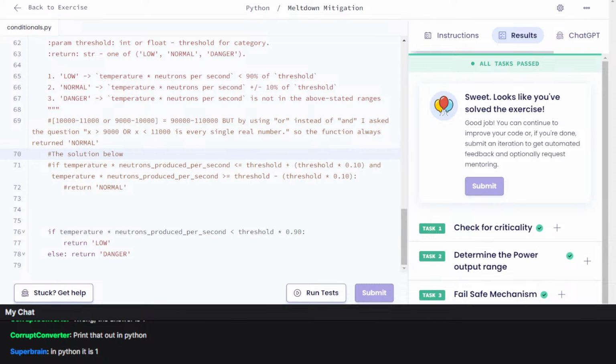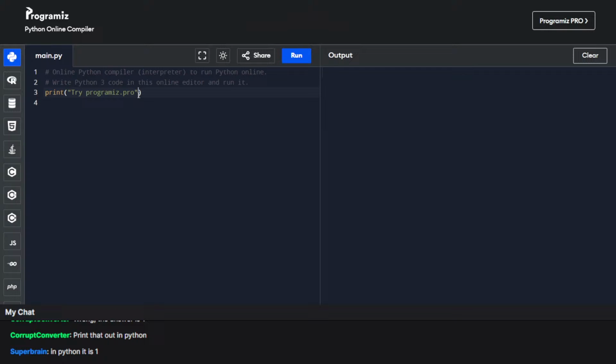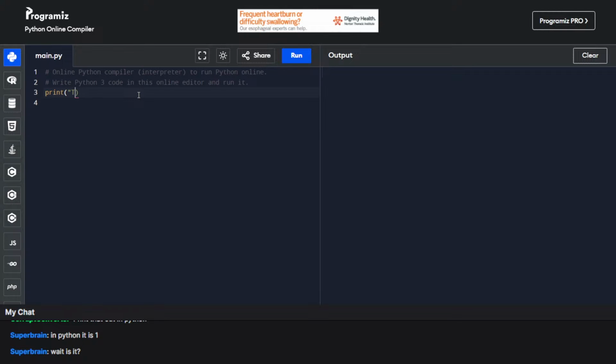Huh? Wait, oh my god. I just opened up the emote thing. Oh wait, no, it went away. In Python it is 1? Are you not supposed to pronounce that cube? What? Superbrain says wait, is it? Why is it 7? What? Wait, why?